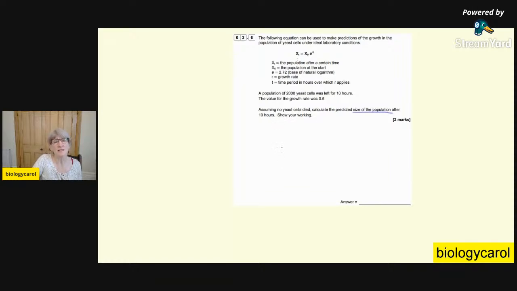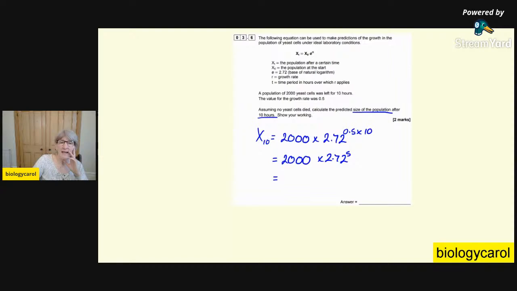So this is the size of the population, so it is xt. I'm not having to rearrange it or anything. So x at 10 hours equals the number at the start, 2,000, times e, 2.72. Couldn't give a monkey's about this definition, just give me the number.